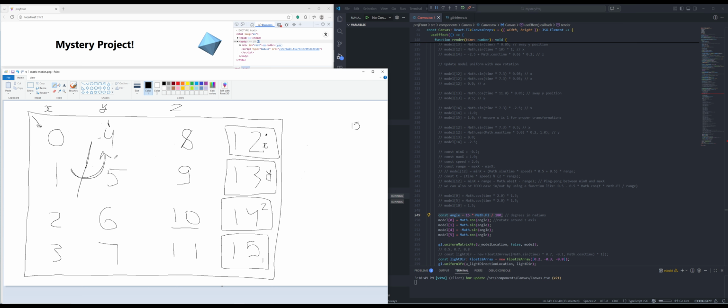Okay, so let's remove this. Now let's rotate around X rotation. How do we do this?